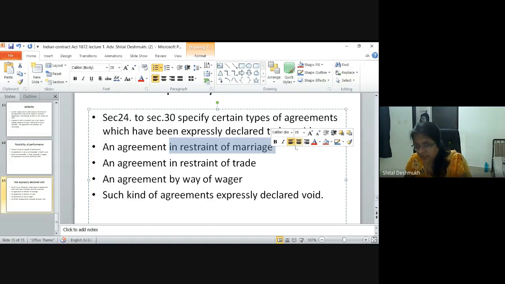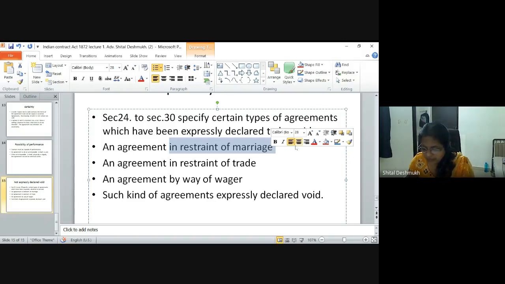In respect of trade, if A and B had an agreement for not carrying on trade with C, that agreement is also void. An agreement by way of wager is also expressly declared void.